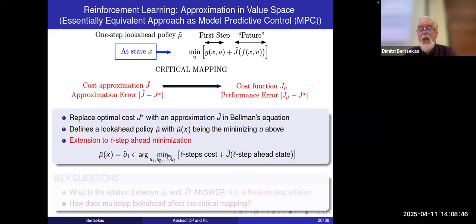At a given state, we solve an L-step problem involving the controls from time 1 to time L. We find the optimal sequence, and then we use the first element in the sequence. And then we go to the next state, and there we repeat the process. All of this is done online. Once you have J tilde, you can generate these controls online.